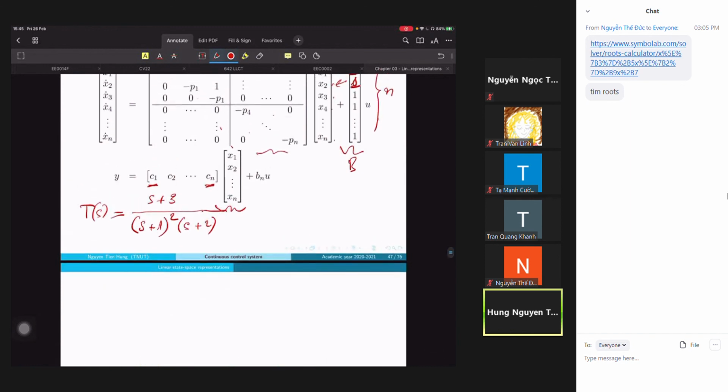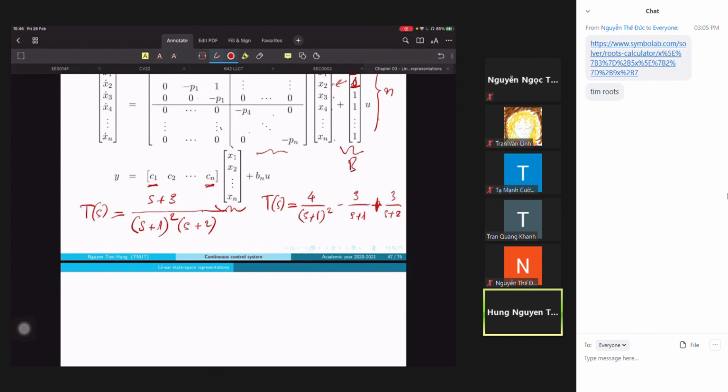TS in my solution should be 4s plus 1 square minus 3s plus 1 and plus 3s plus 2.